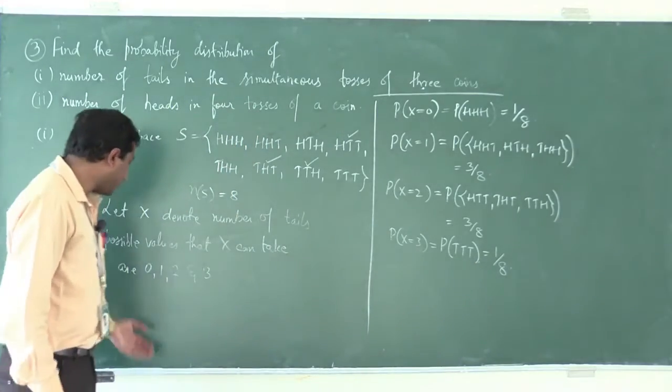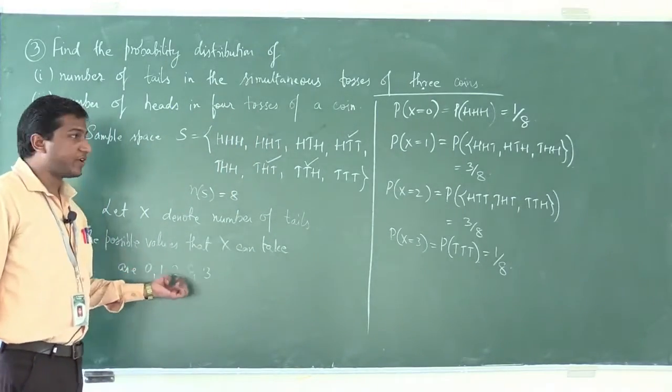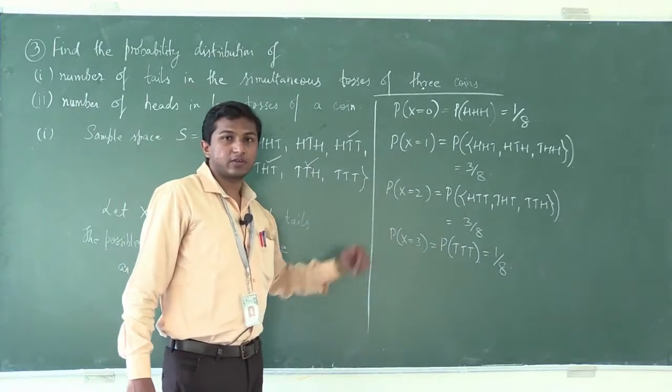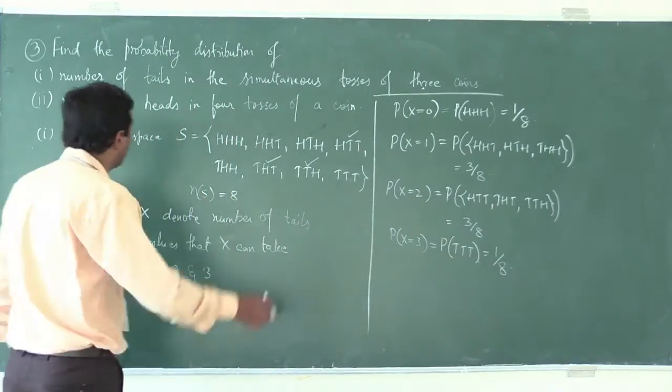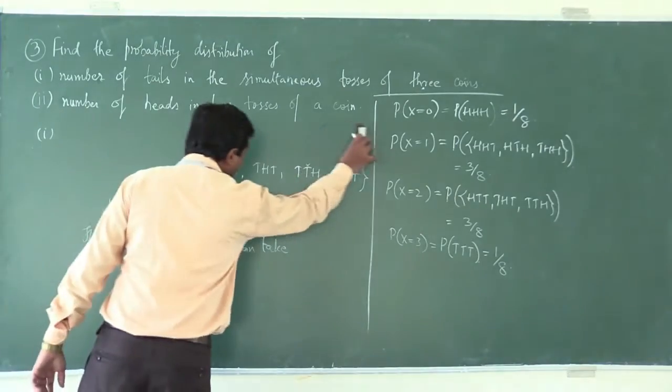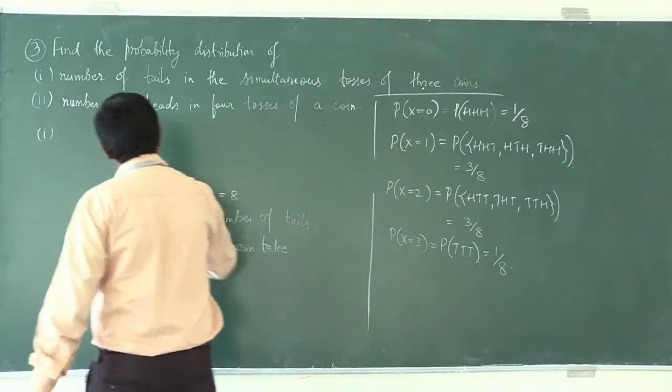Now we have found out the possible values of x. We have also found out the corresponding probabilities of the different possible values. We will write the probability distribution now.